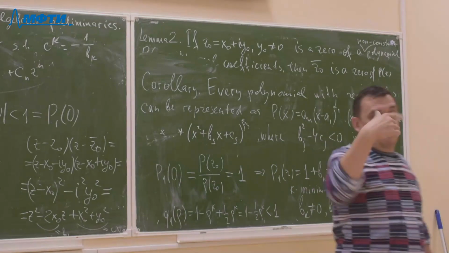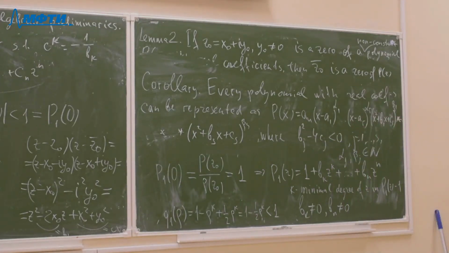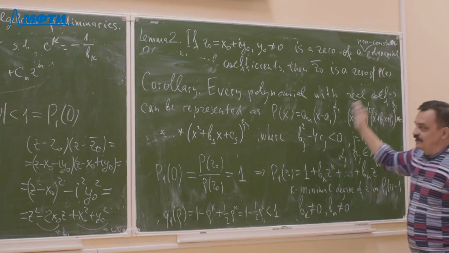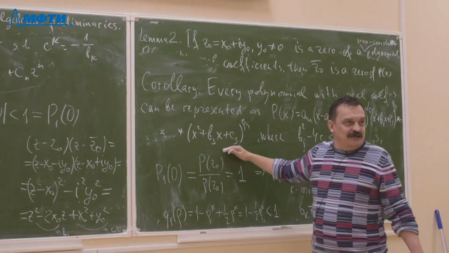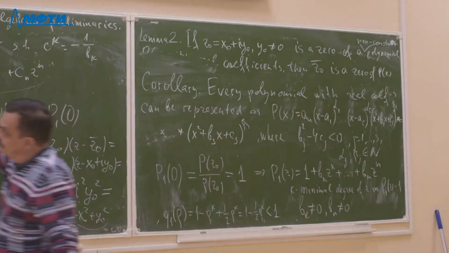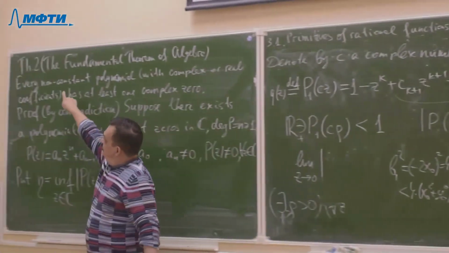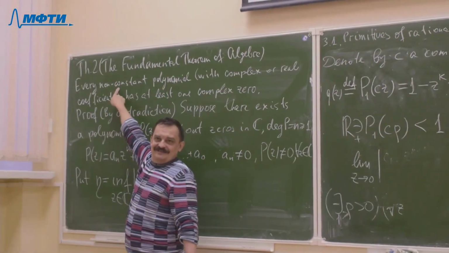Once again we divide, we get a polynomial of smaller degree, and we proceed and proceed, up to the moment when we obtain a constant, right?